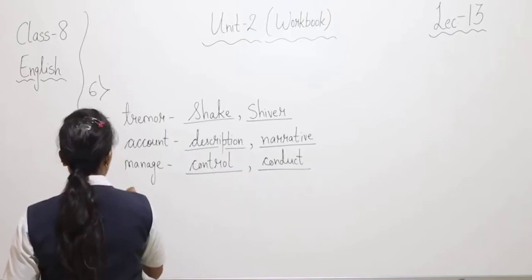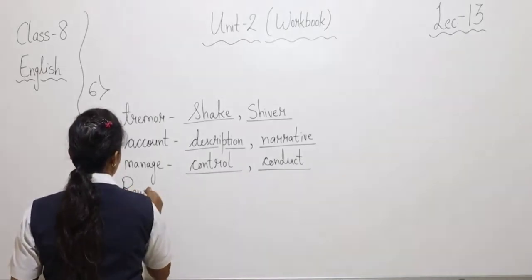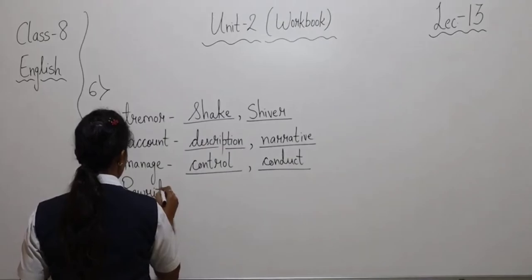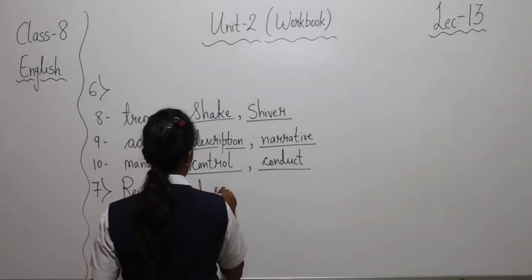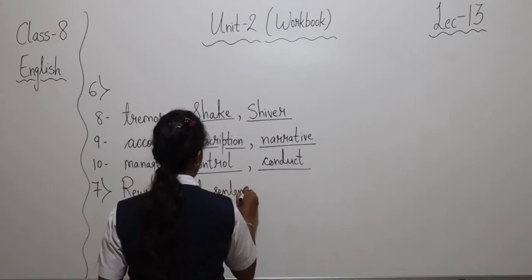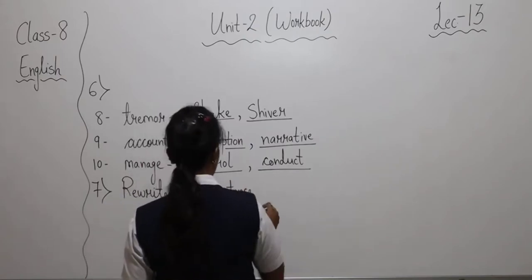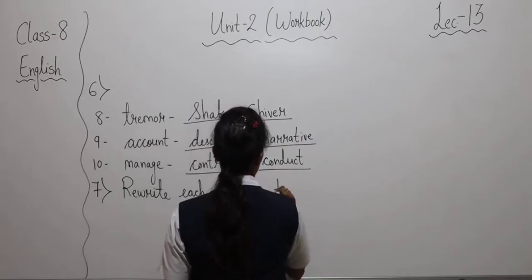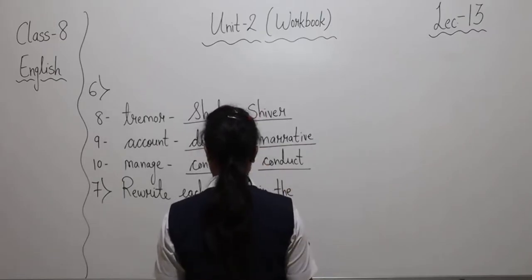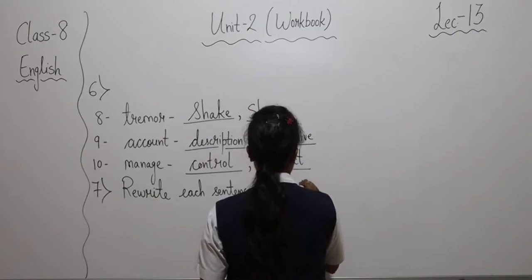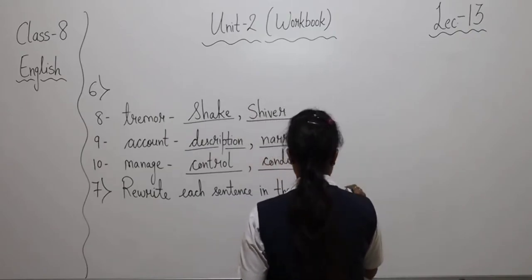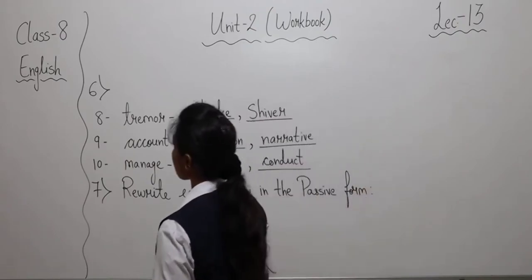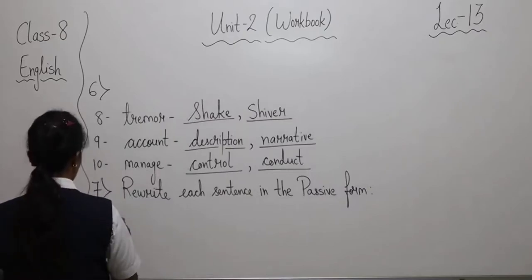Now the next exercise, that is 7. The question is: rewrite each sentence in the passive form. We have to write down the given sentences in the passive form.